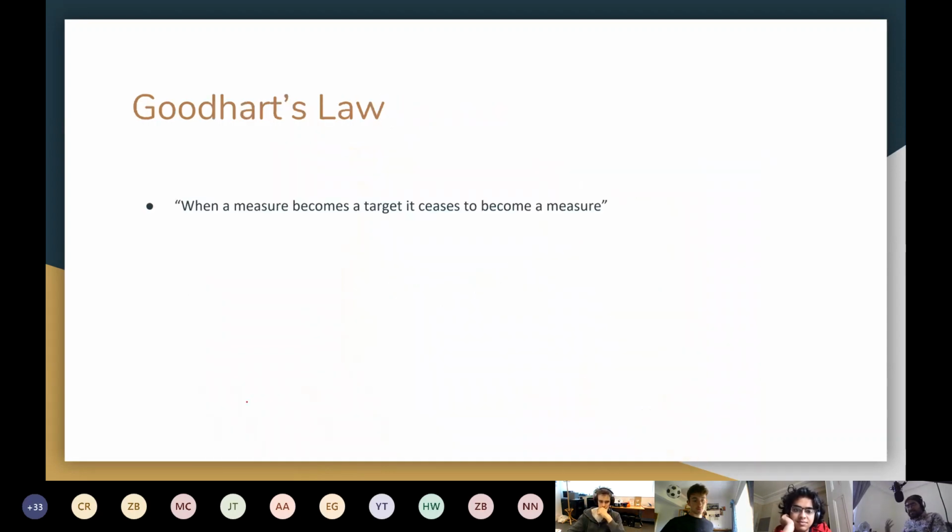So there's an idea called Goodhart's law. This is outside of reinforcement learning. This is just a truism from economics and social science, which says when a measure becomes a target, it ceases to be a measure. What this is basically saying is that people respond to incentives. If you try to come up with some kind of proxy for what you actually care about, and people are aware that this proxy exists, they will try to maximize for that proxy, not what you actually care about.